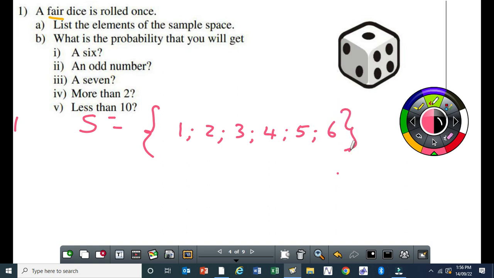So that's a subset. We can call it a subset if you want. Then the first question, so this is 1A, then 1B.